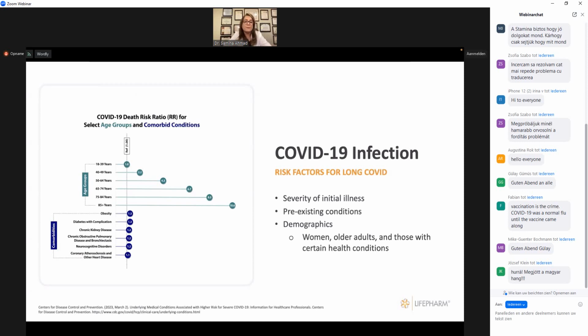And you must have heard about what happened in senior homes, and how people who had comorbid conditions, which we see in this graph also, the comorbidities took over.